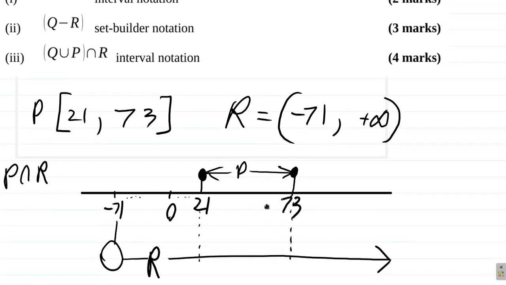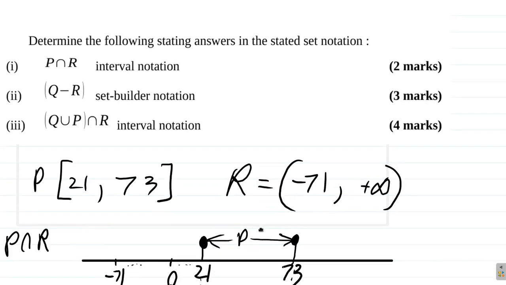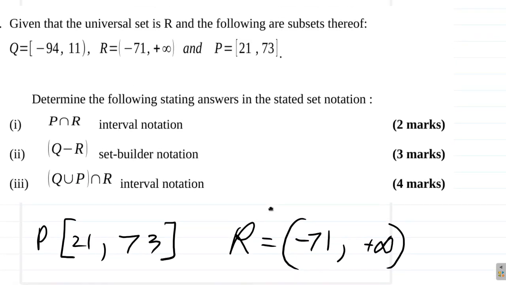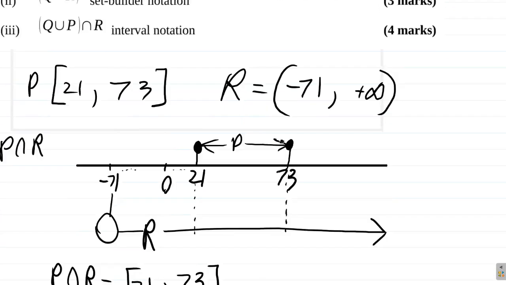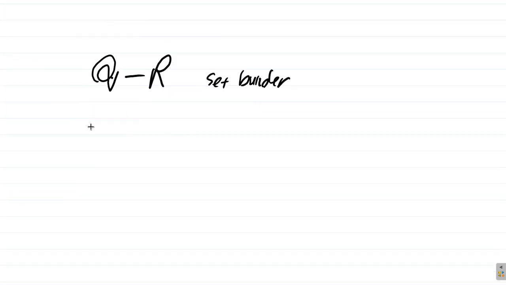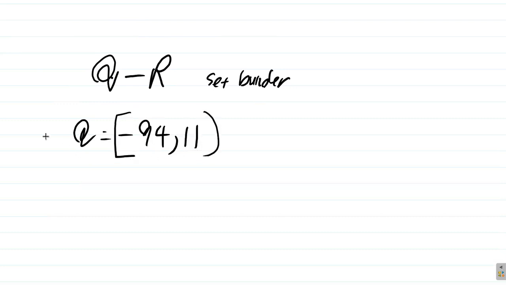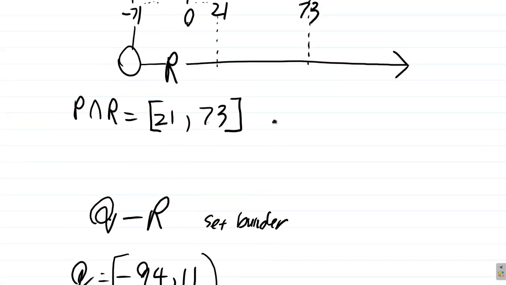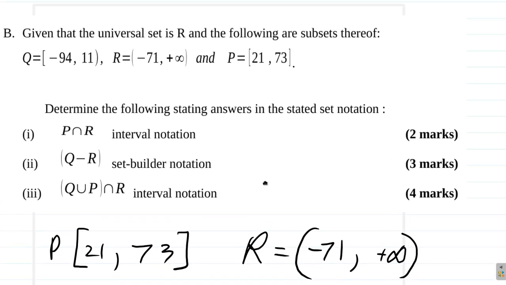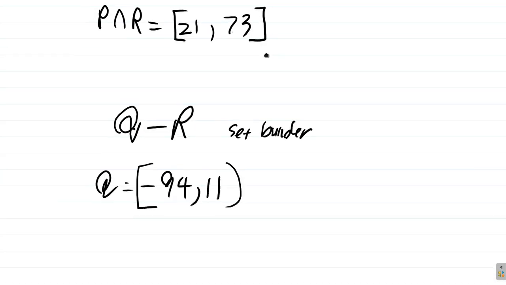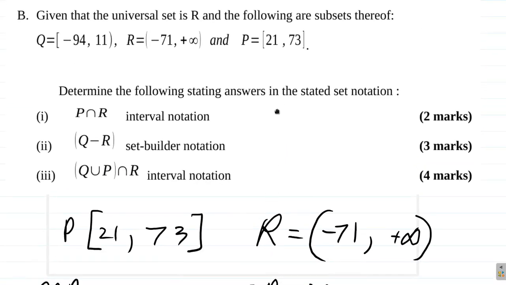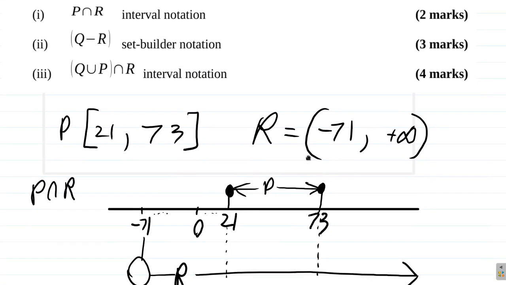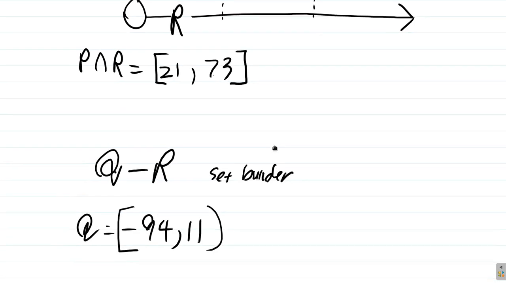So we have Q equal to [-94, 11). Negative 94 is included, 11 is not included. And R is (-71, infinity).